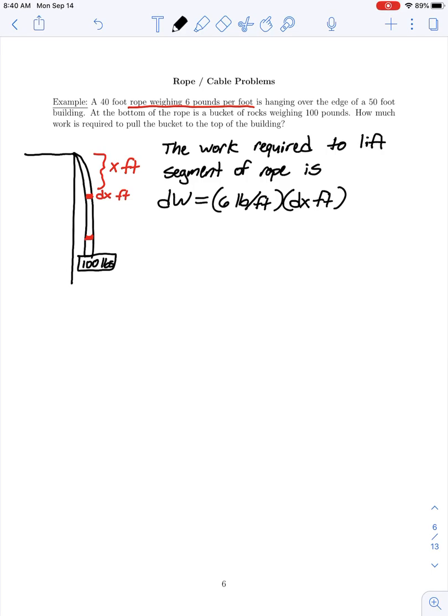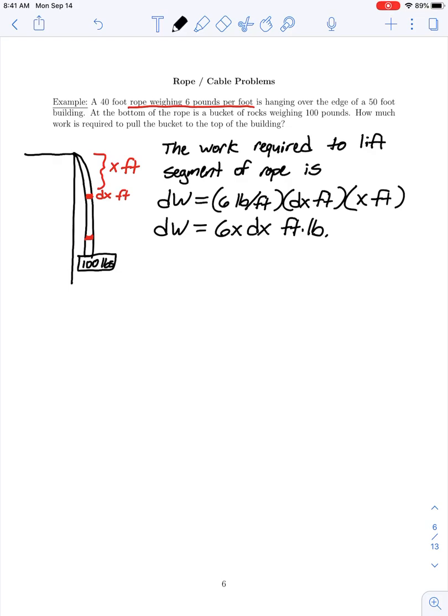So this will be my weight, 6 dx pounds, and then I have to multiply by the distance over which this force is being applied. That is the distance traveled by that section of rope, which would be x feet in order to get to the top of the building. So I have 6x dx foot-pounds of work required to lift that one segment of rope to the top of the building.